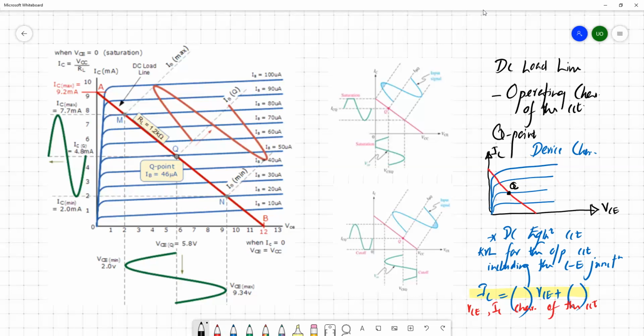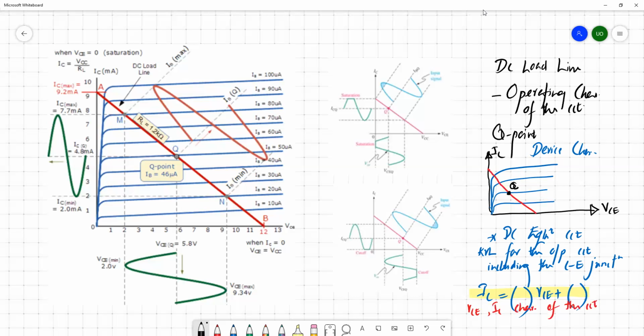If it is an amplifier, it should be placed in the active region. If we want to make the transistor a switch, we toggle the operating point between saturation and cutoff. According to our requirement, we place the Q point on this DC load line.